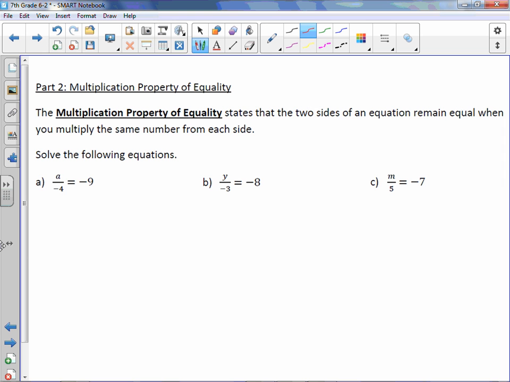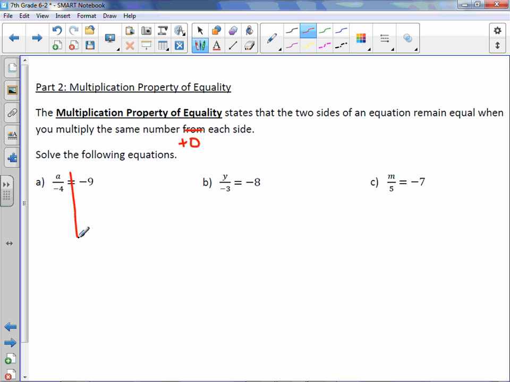The multiplication property of equality states that the two sides of an equation remain equal when you multiply the same number to each side. Solve the following equations. Now, remember, fractions are division. So letter A is really saying A divided by negative 4 equals negative 9.